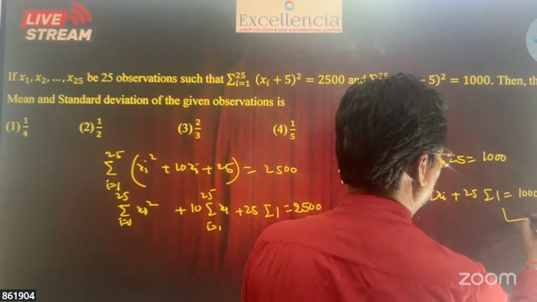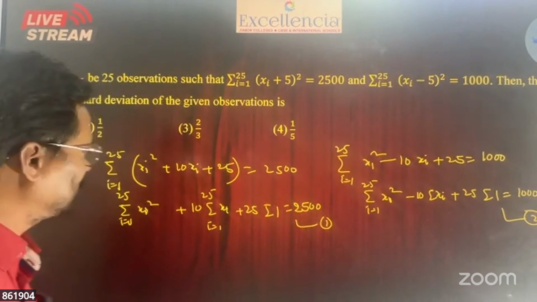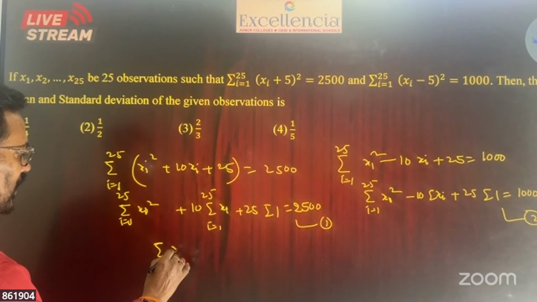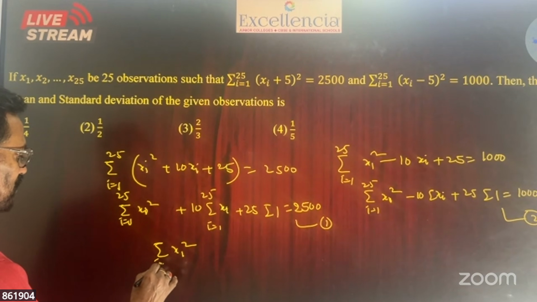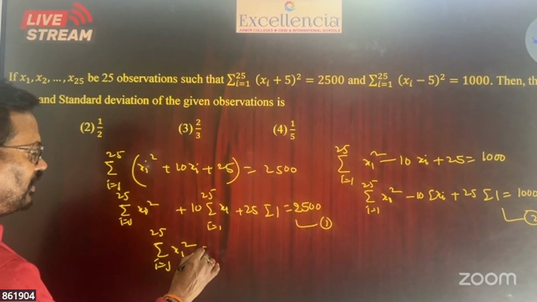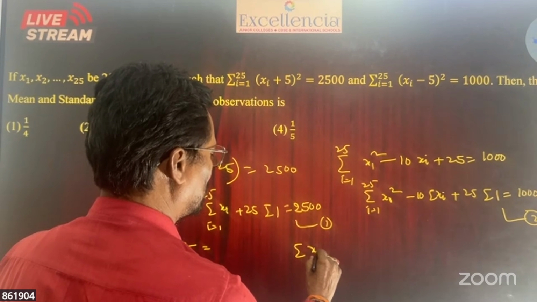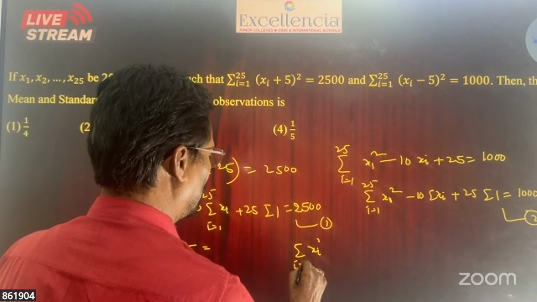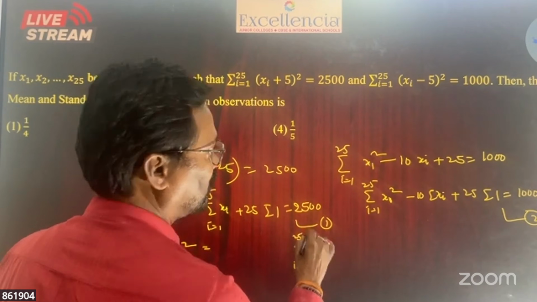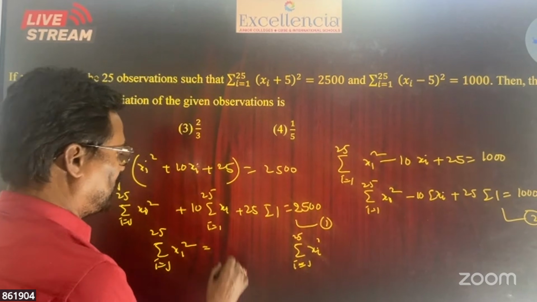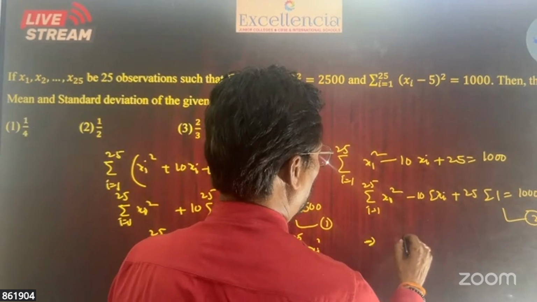By adding these two, we get sigma xi square. Now by adding, sigma i equal to 1 to 25, we will get the value. And if we subtract these two, we are going to get sigma xi, i equal to 1 to 25. So after writing all this, this is the mean.